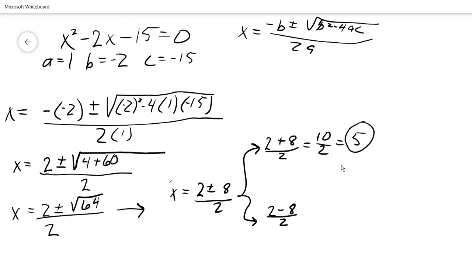Hey, look, there's that positive 5 again. What about our negative 3? Well, let's find out. 2 minus 8 is negative 6 over 2, which, guess what? There's our good friend, the negative 3. All right, now you know 3 ways to answer any quadratic equation.